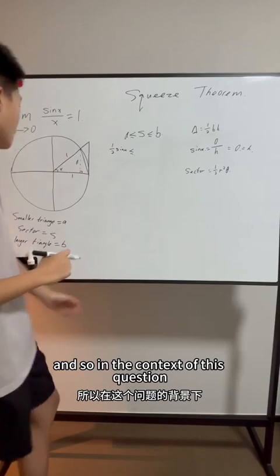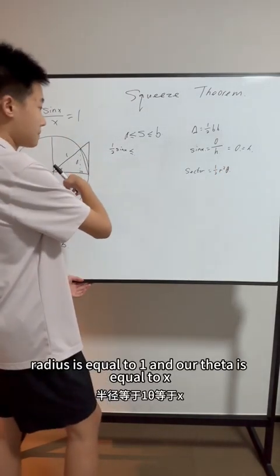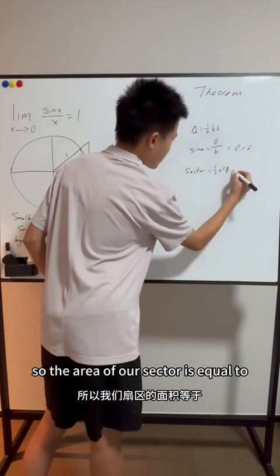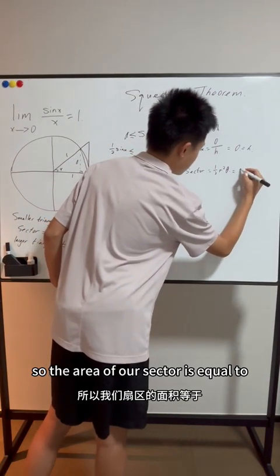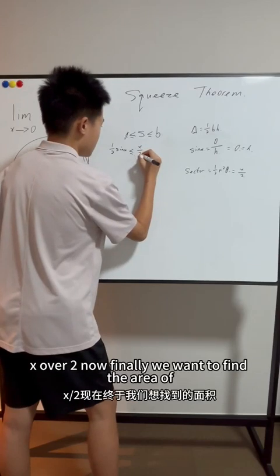In the context of this question, the radius is equal to 1 and our theta is equal to x. So the area of our sector is equal to x over 2. Let's just write it here, x over 2.